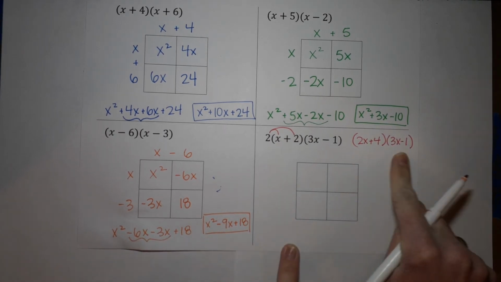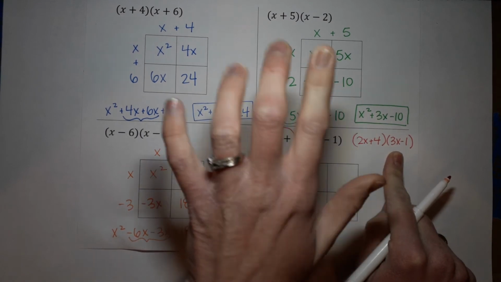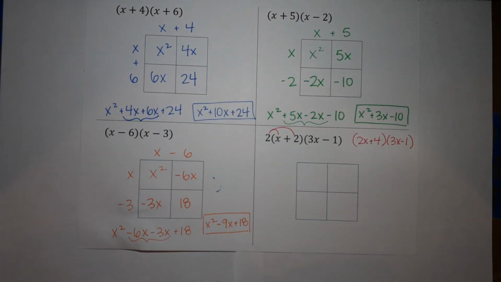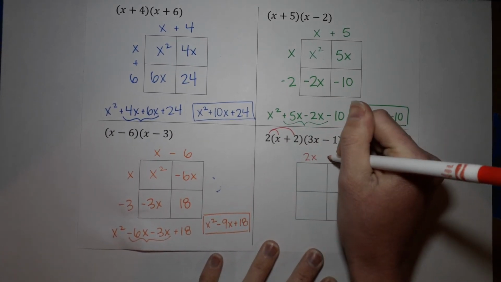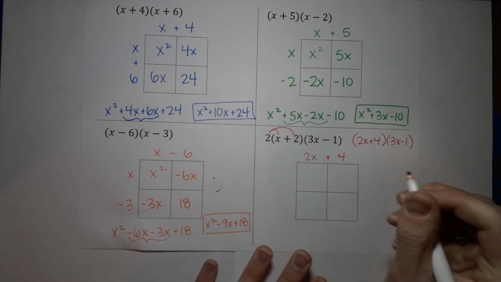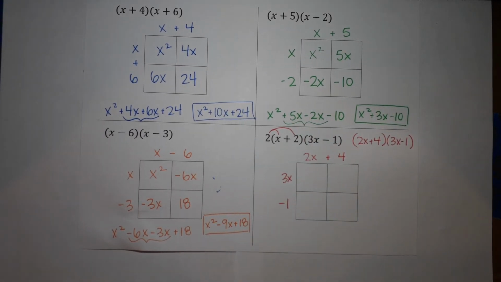All right, so now I'm multiplying these two just like above. I've got different numbers in front of the x, but we will just multiply them like normal. Okay, so I'm going to stick 2x plus 4 on top and 3x minus 1 on the side.